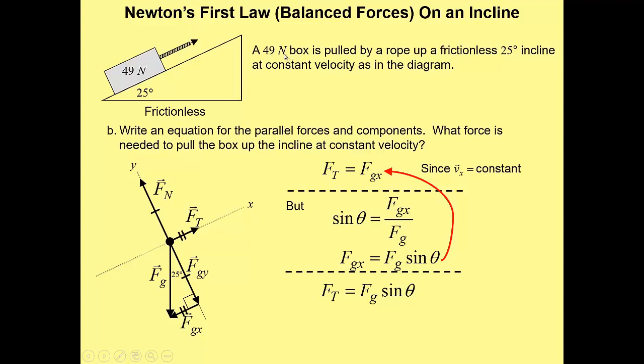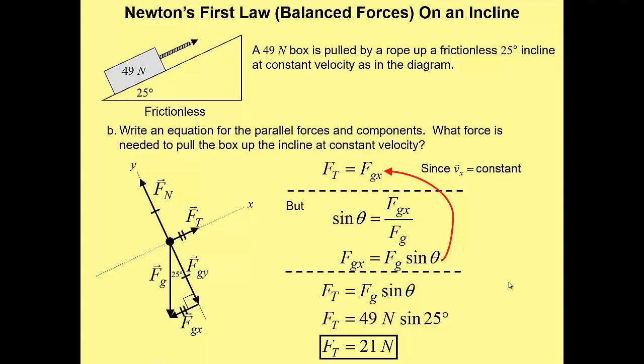Well, newtons are units of force, so this is the force of gravity or weight of the box. I was not mean in this problem. I didn't give you the mass of the box. I gave you the weight. So we have it already. We just plug it in. 2 sig figs here, 2 sig figs here. Make sure your calculator's in degrees. We get an answer to 2 sig figs of, we need 21 newtons of tension.